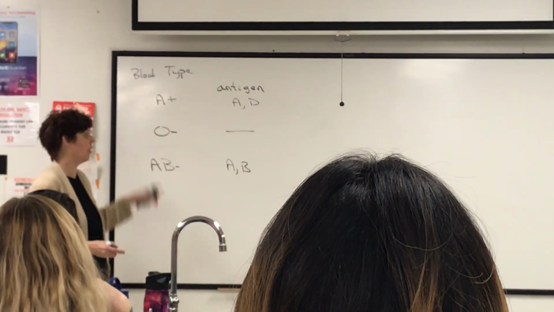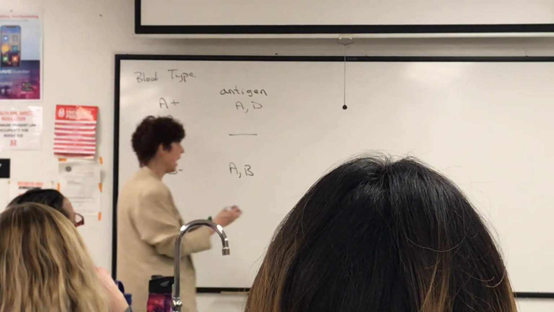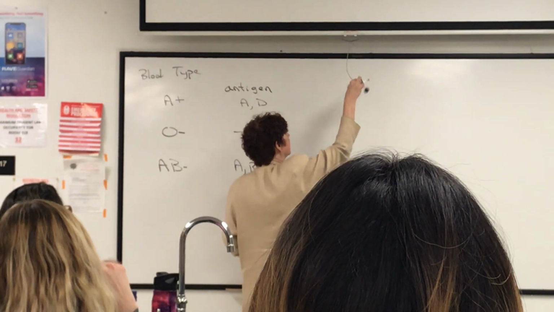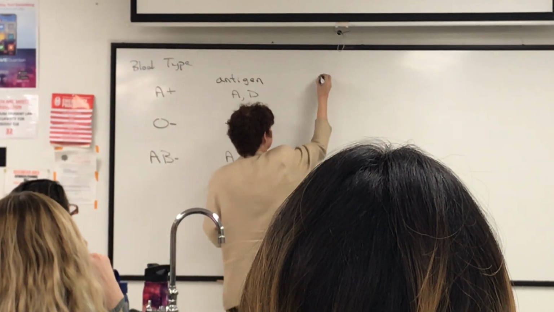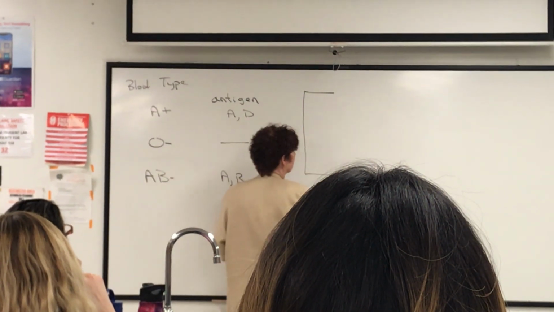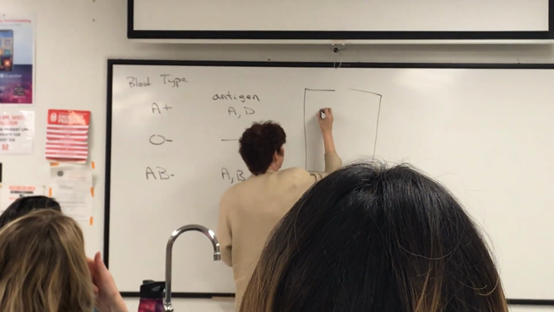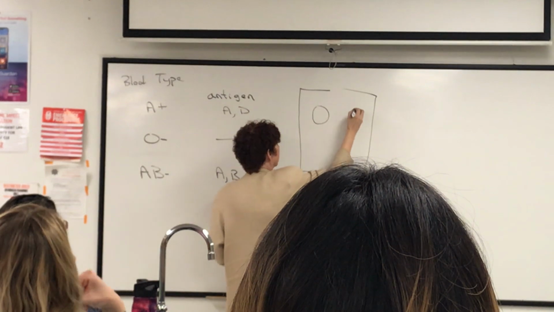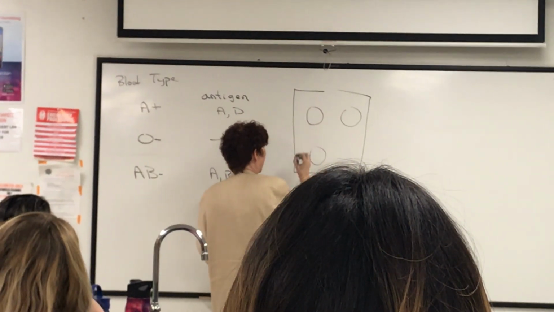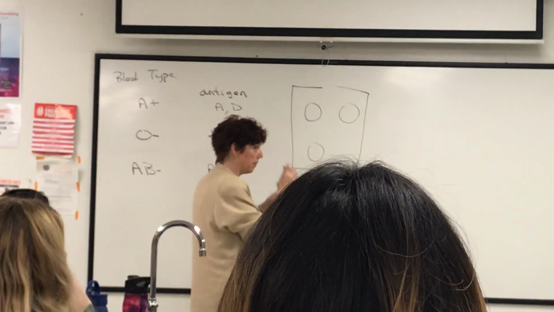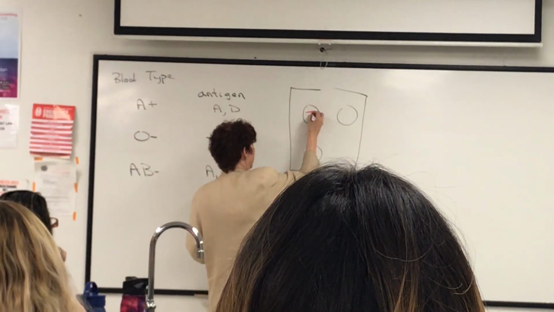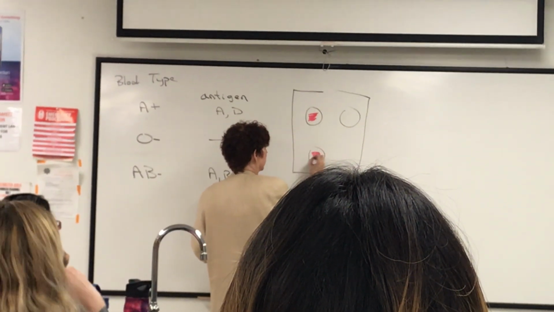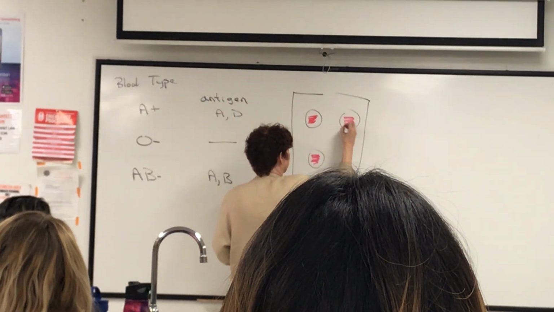Okay? So if I were to diagram what this would look like, we're using plates that look like this, not this big, and there's oval depressions. We're going to take one simulated person's blood and put a couple drops in each one.